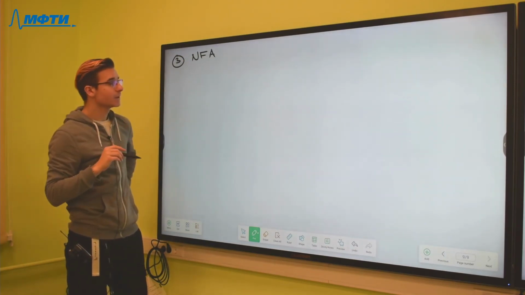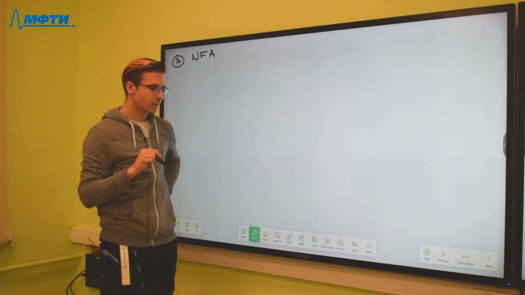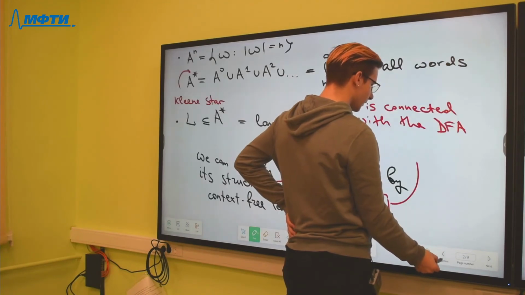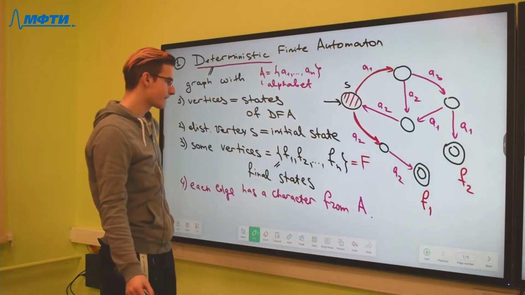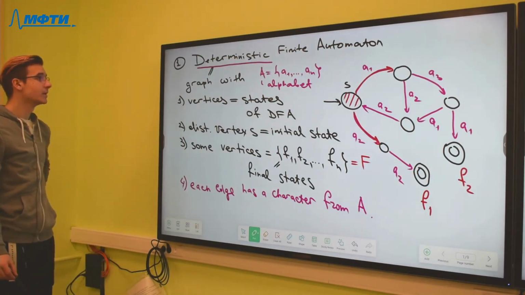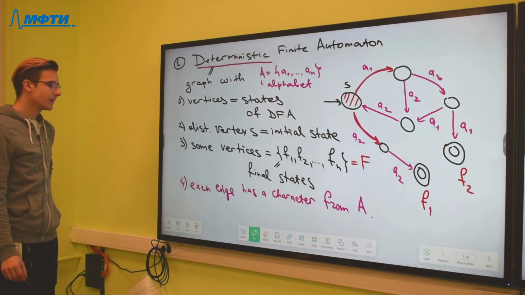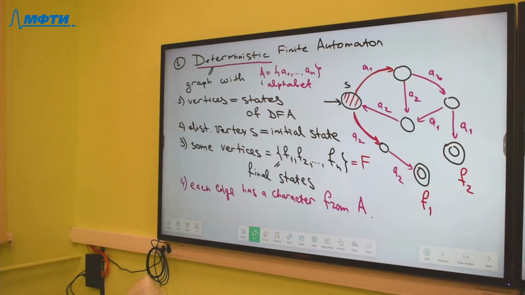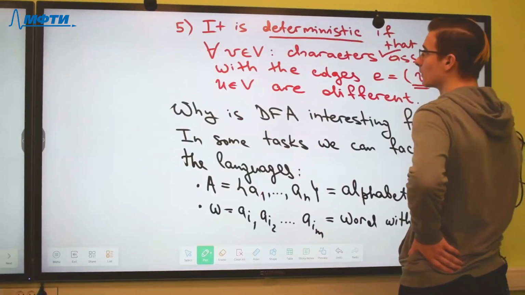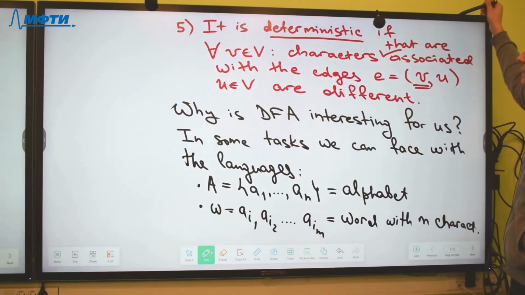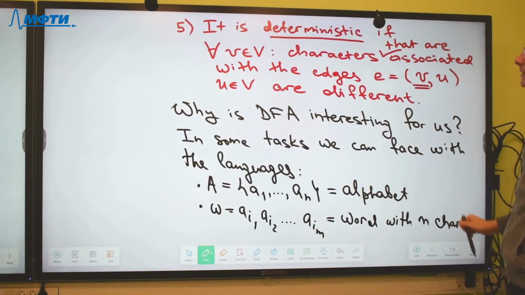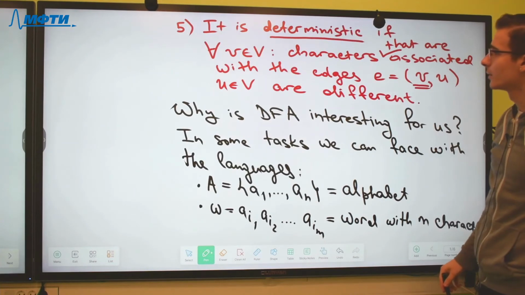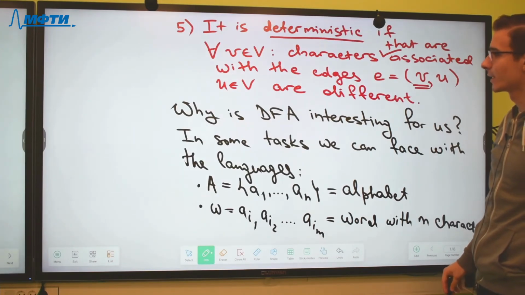We know what a DFA is, and you remember that in the definition of DFA, it is deterministic if for all characters and for all vertices we can find 1 or 0 edges from this vertex with this character.